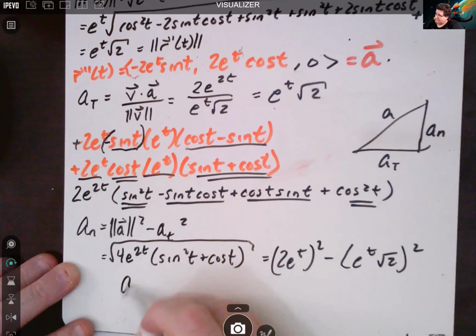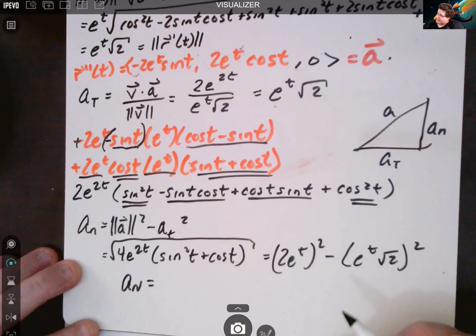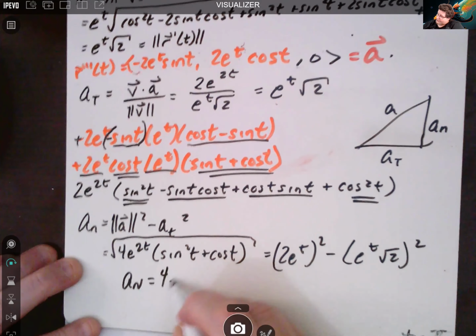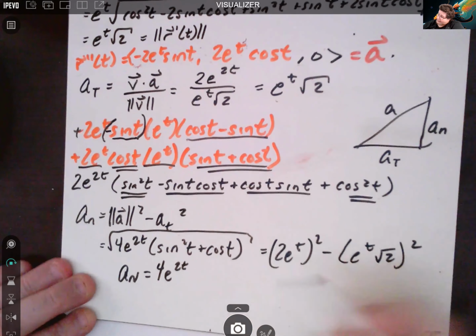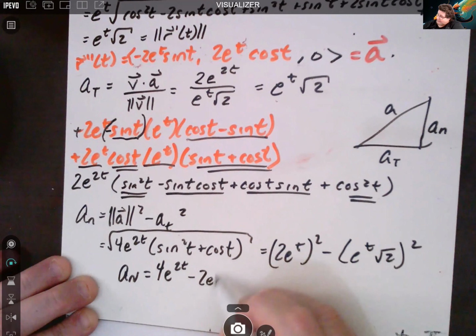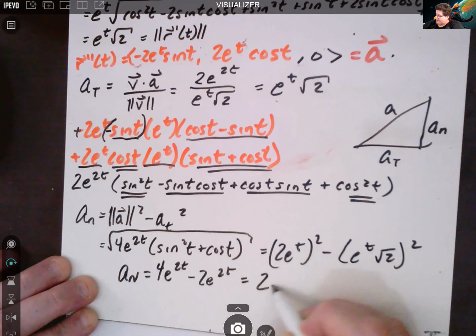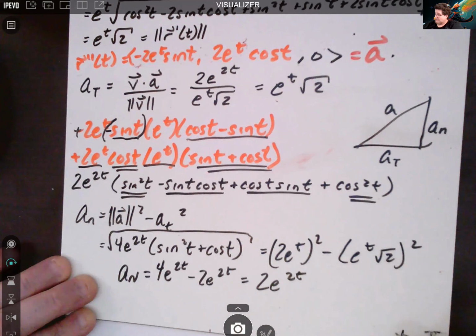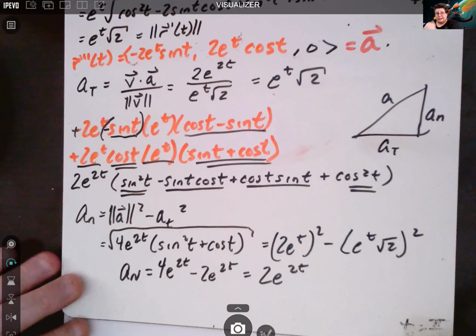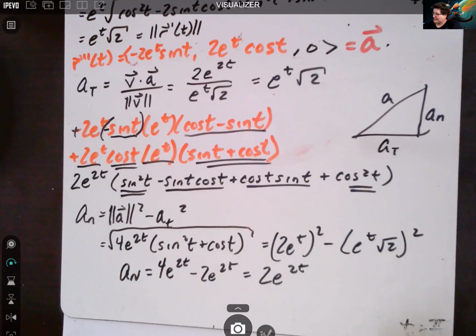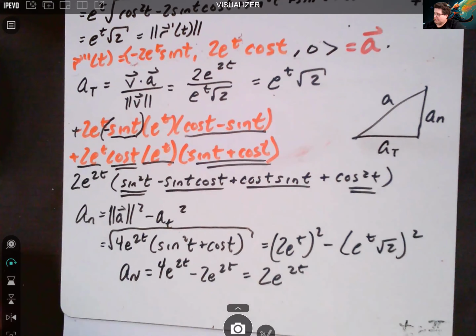So AN, rather than trying to do the cross product, is 4e to the 2t minus 2e to the 2t, which is just 2e to the 2t. So that's the quicker way of getting A sub n in this case. It's not always quicker, but it cleaned up pretty well here.